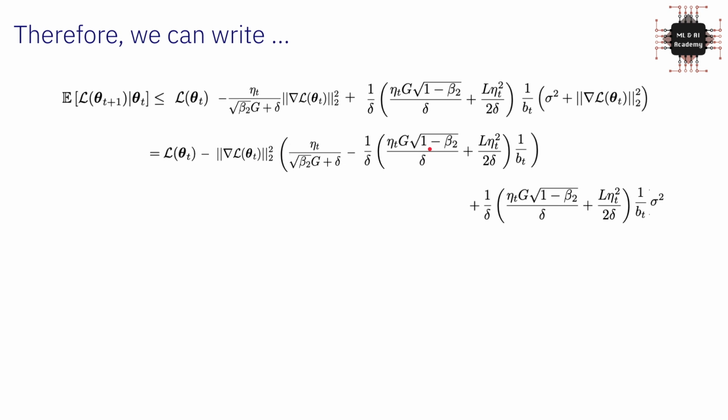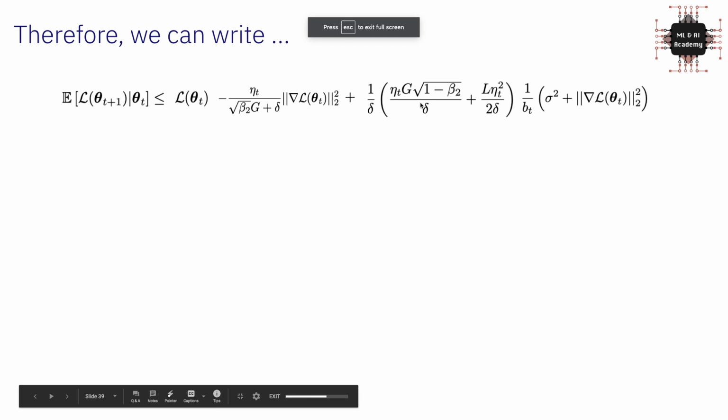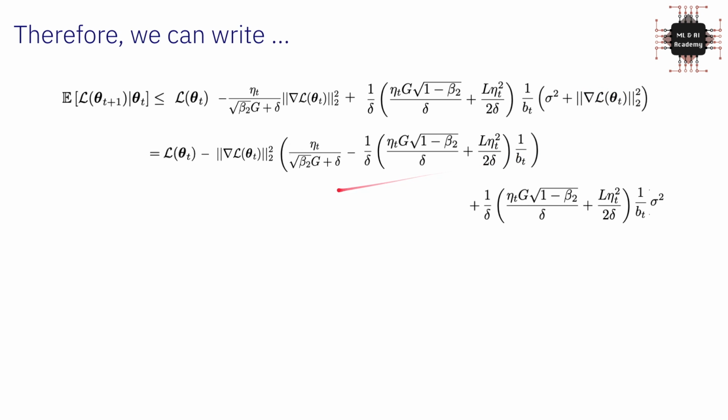And then if I multiply this by this, I will get the plus of 1 over delta eta_t, this term 1 over beta_t, times the gradient norm squared, which is nothing but this term right here multiplied by the norm of the gradient. Sorry for that. So again, this times that is that, and this times that is just this component times that component, and then the remaining term is nothing but 1 over beta_t times that term times sigma squared. So that's what we see right here.